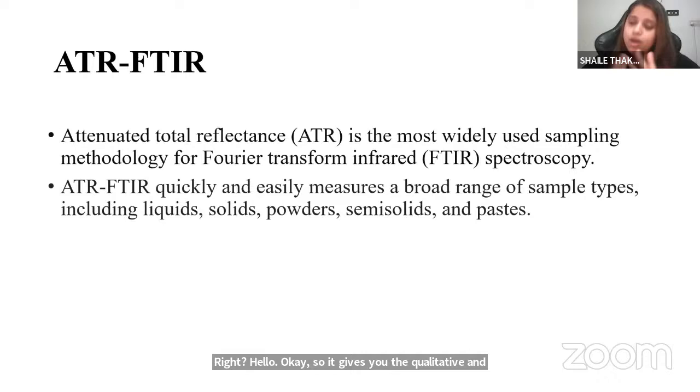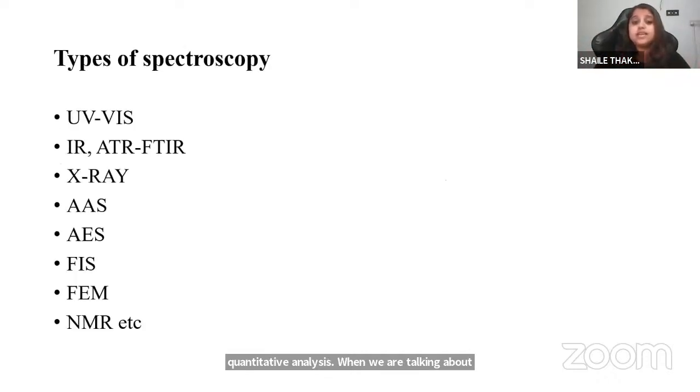So when you study instruments, when you deal with spectroscopy, you always hear about qualitative and quantitative analysis. Qualitative analysis means you come to know what type of component is present in the sample. That means it tells you the quality of the sample. Whenever we are talking about quantitative, that means it is telling you the concentration, or how much.